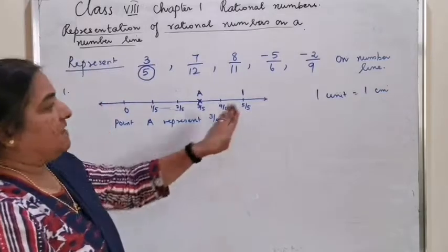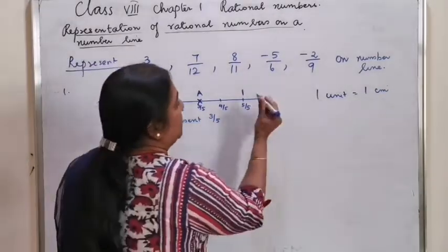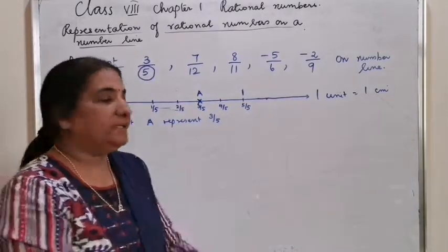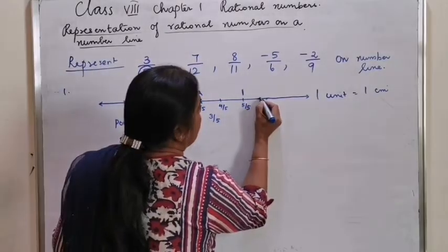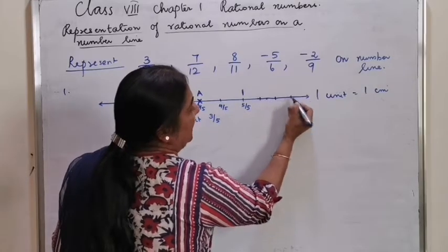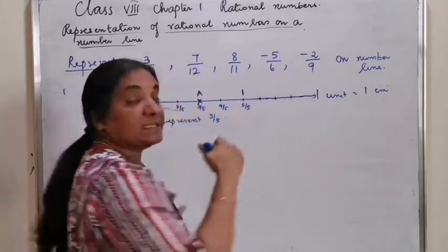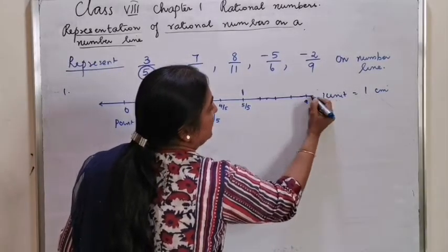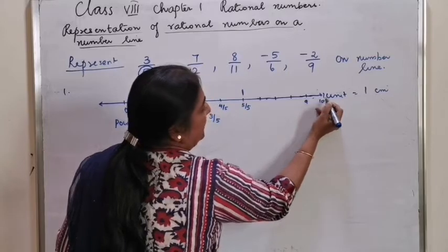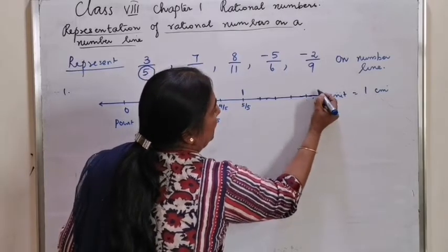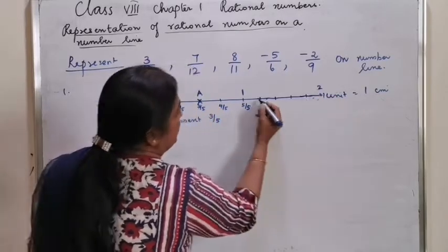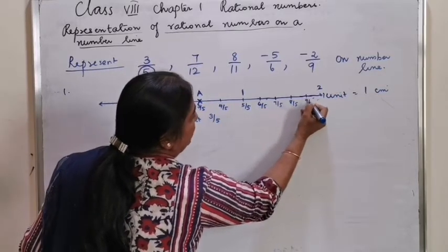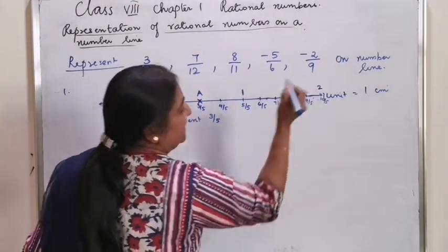If you have to take one more point as 7 by 5, continue as 6 by 5, 7 by 5, 8 by 5, 9 by 5, and 10 by 5, which will give you 2.